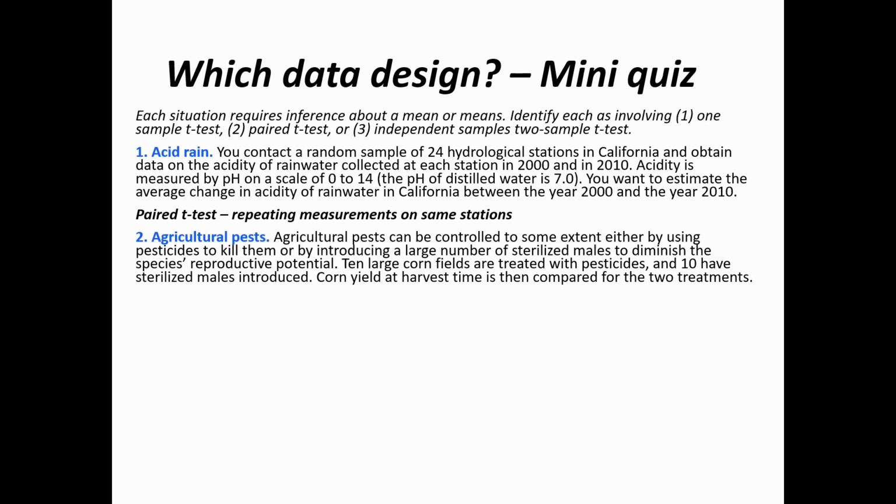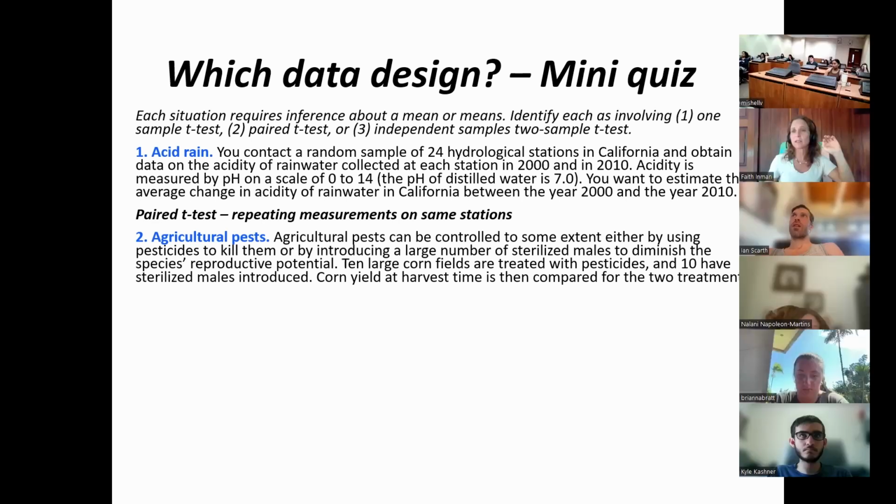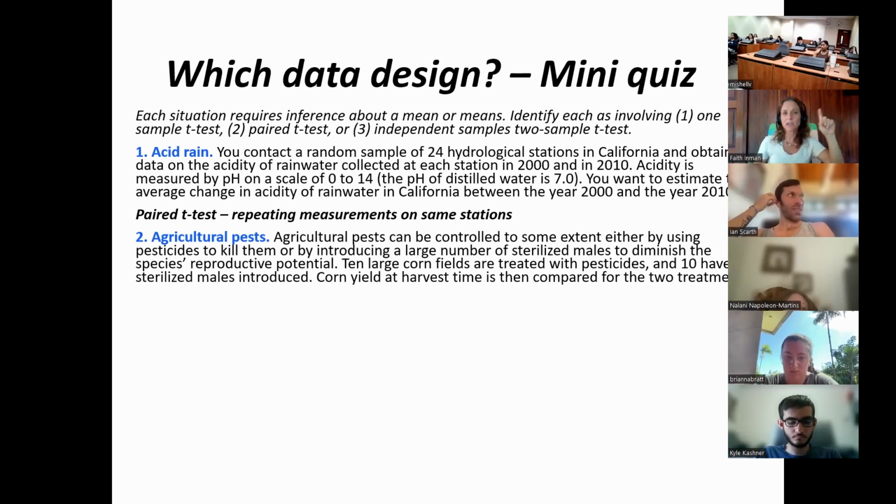Corn yield at harvest time is then compared for the two treatments. Now, do we think this is a one sample t-test, paired t-test, or independent samples two sample t-test? Anybody else want to hazard a guess?